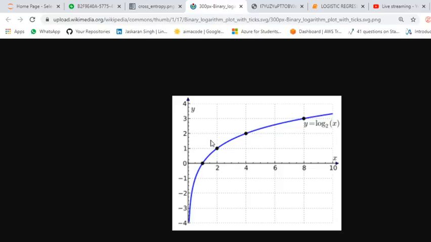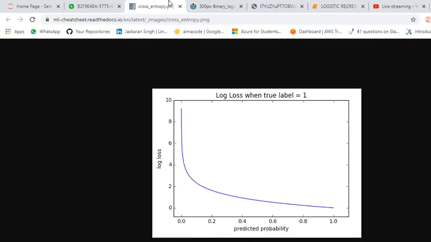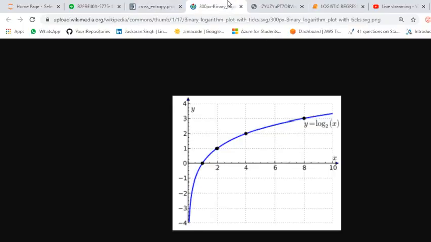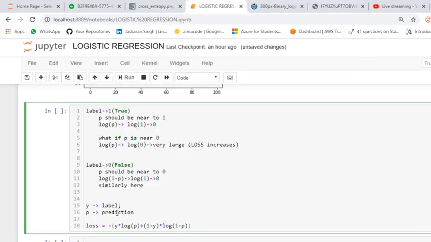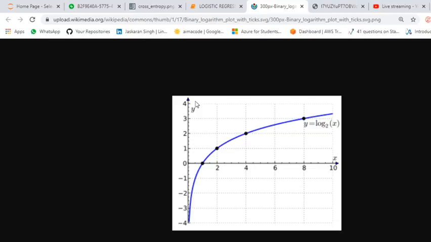Basically we are just using the 0 to 1 part of the log function to get a loss function.